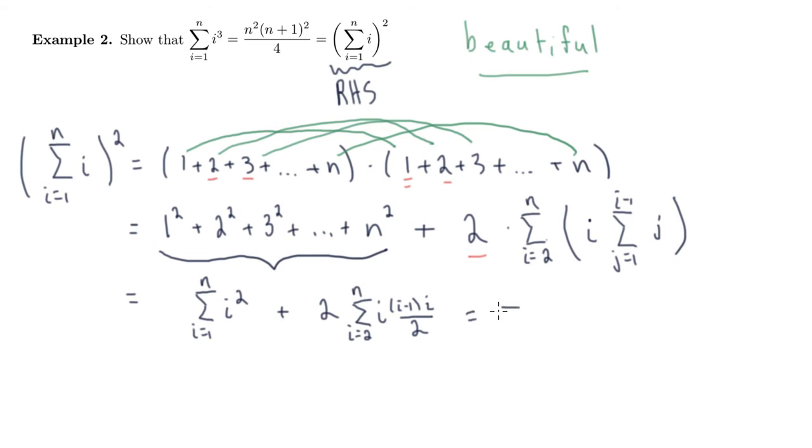Well, we're left with the sum i equals 2 to n, these 2's will cancel, like I said. And this is just going to be i cubed, so i times i times i, and then minus i times i, so i squared.